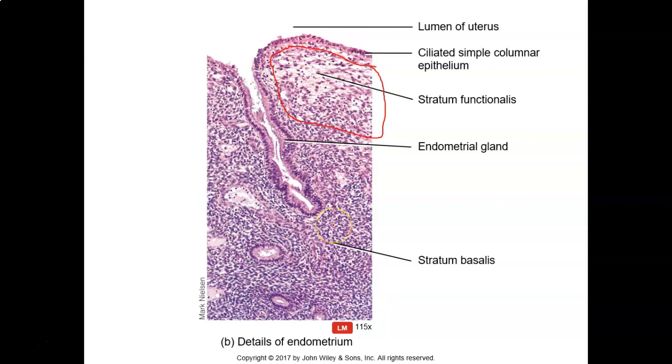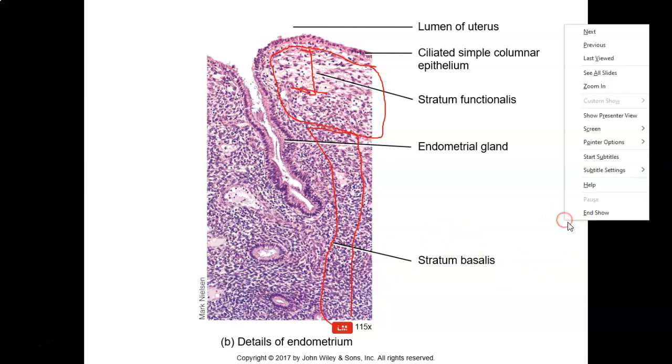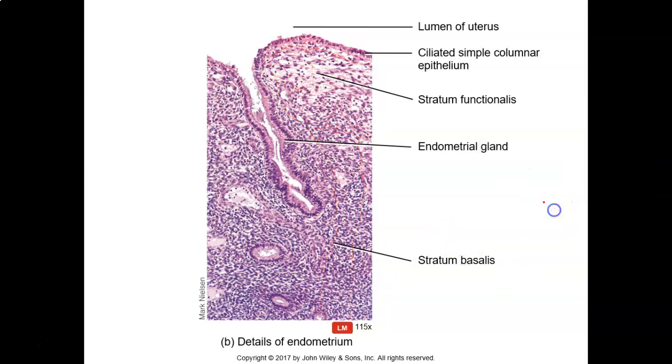Early. Week. Couple days. Look how thin this is. It's not even the length of the endometrial gland. The stratum basalis is substantially thicker. So this is definitely someone who's earlier on in their menstrual cycle, like I mentioned, within a week perhaps. They're definitely earlier on, and you can tell that by the thickness of the endometrial wall.